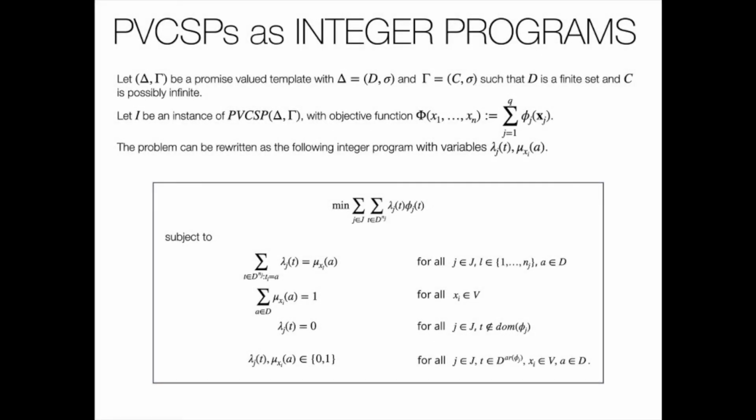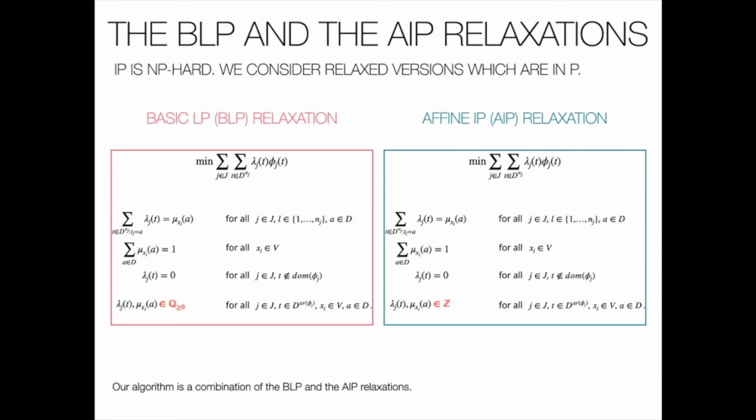Solving an integer program is in general NP-hard. Therefore, we considered two relaxed versions of the previous integer program which are solvable in polynomial time. The two relaxations that we considered are the basic linear programming or BLP relaxation and the affine integer programming or AIP relaxation.